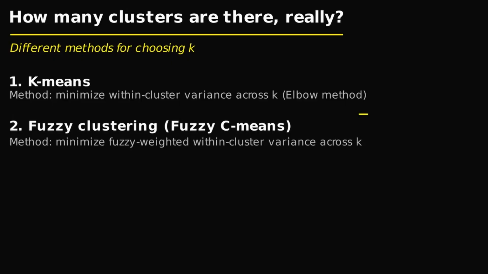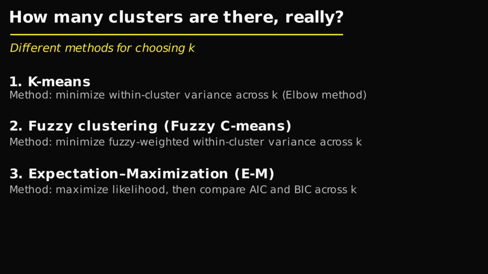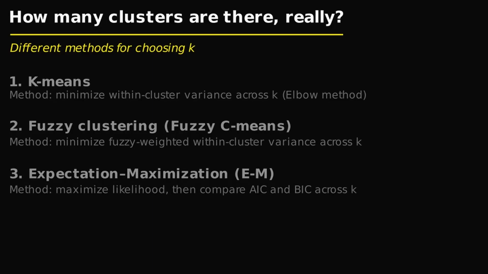For fuzzy clustering, we minimize the fuzzy-weighted within-cluster variance, a softened generalization of the elbow. For expectation maximization, we maximize likelihood and then select k using information criteria such as AIC and BIC. So although the computational engine has similar structure, the model selection logic is different.